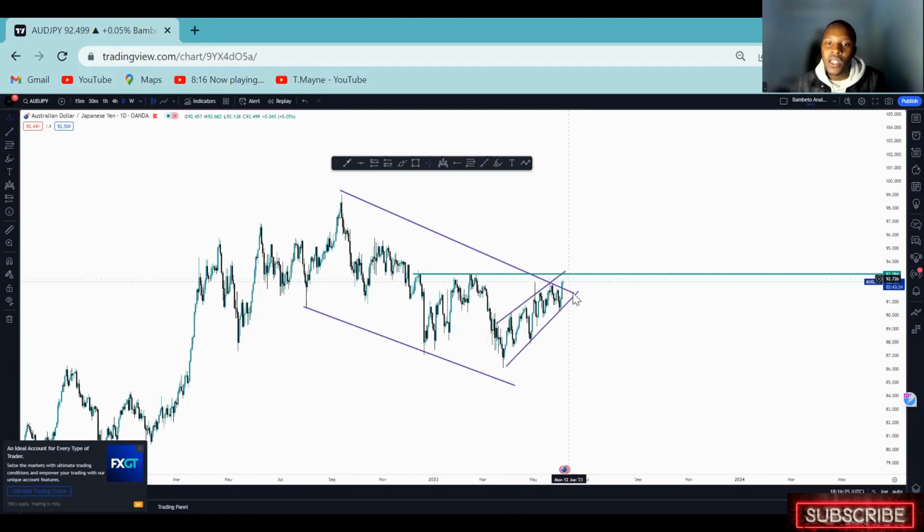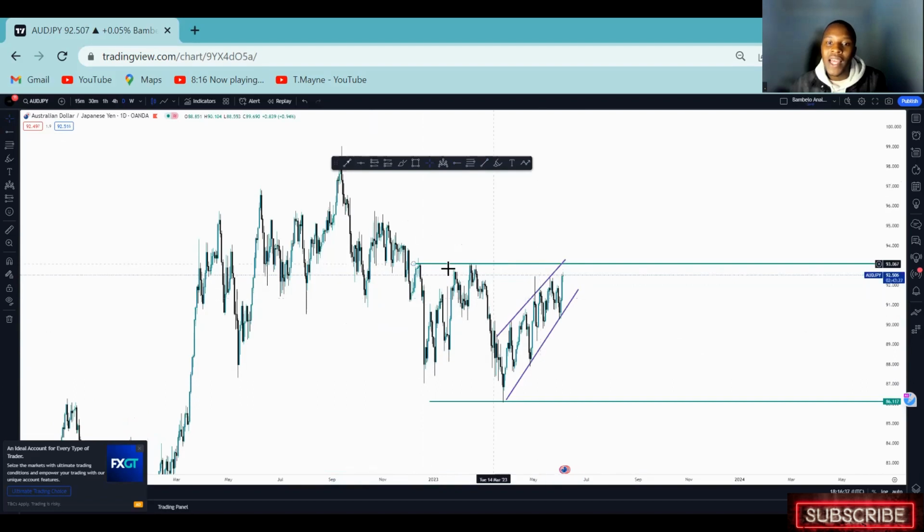Short term, if I quickly remove this and that just to keep it simple, then this is what we currently have, which is a consolidation, with that level, which is 93.084, being our key level, right? Another thing that I see here is a breakout out of a bullish continuation flag.